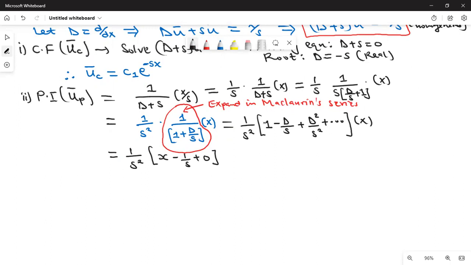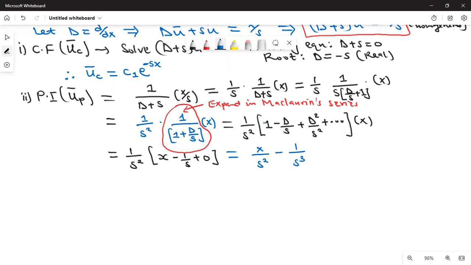That means the second derivative of x is 0, and so higher order derivatives will be zeros. So when I open the bracket, I'll get x over s squared minus 1 over s cubed. That is our particular integral.